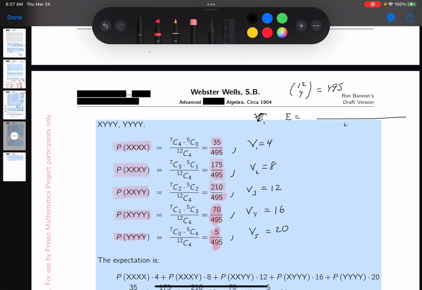495 is the denominator. Let's do one at a time. 4 times 35. That's 120, and 20, 140. 8 times 175. Let's see, 8 times 100 is 800, and then we have 600, so 1400.